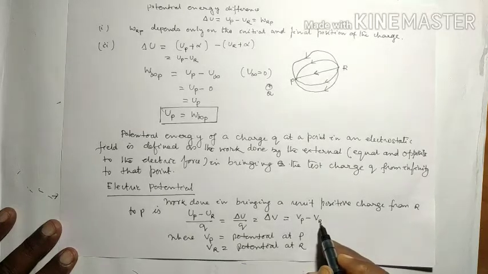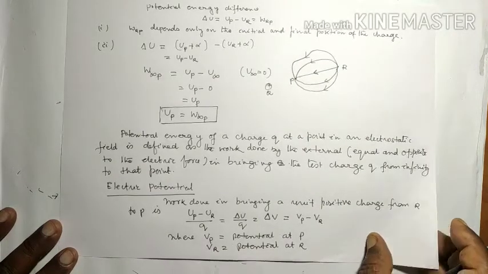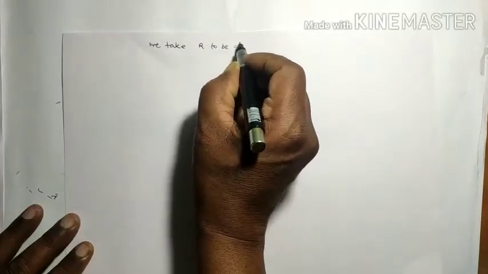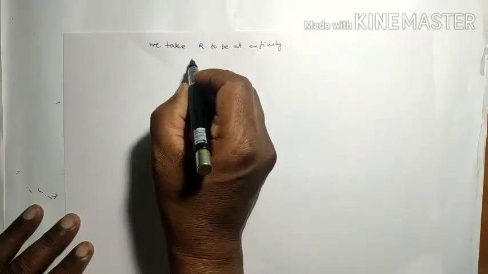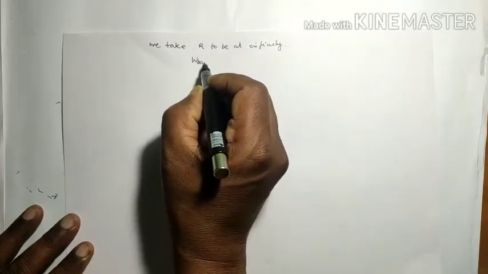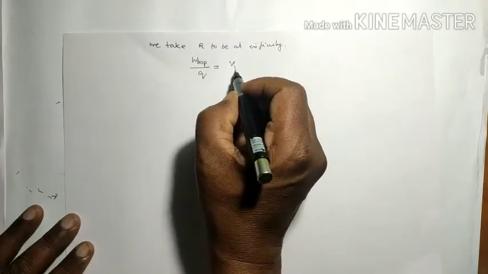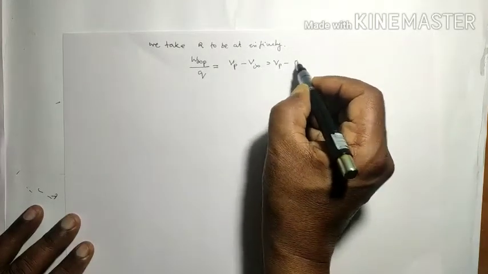Similarly, we can take the point R to be at infinity, where electric potential is 0. Now we take R to be at infinity. So W infinity P by Q is equal to Vp minus V infinity, and this is Vp minus 0.